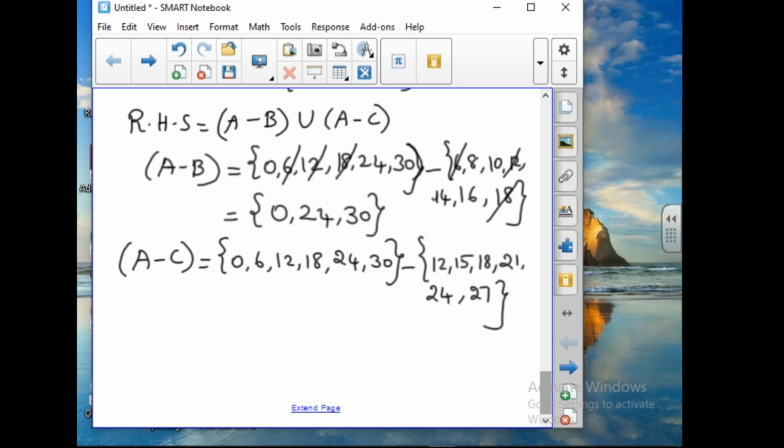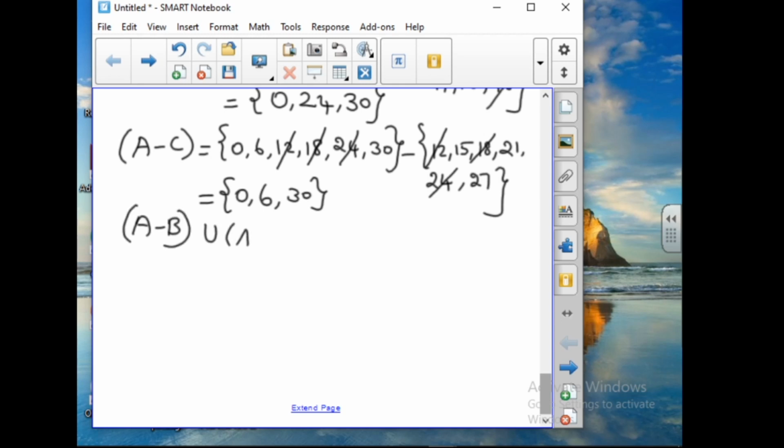So common elements are 12, 18, then 24. So what are the remaining elements of A set? 0, 6, 30.